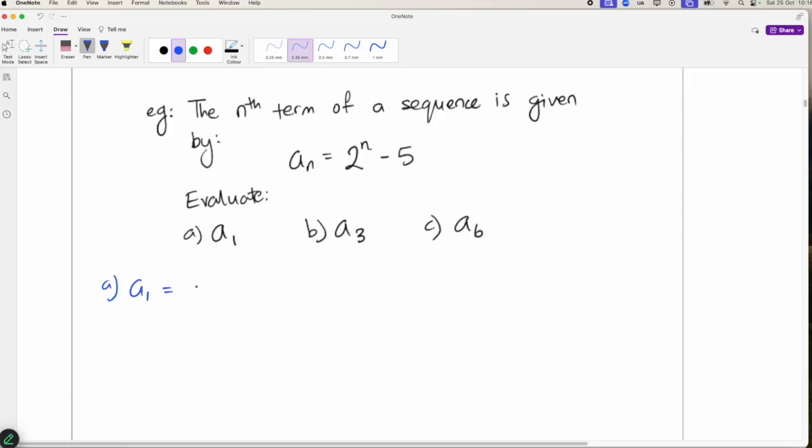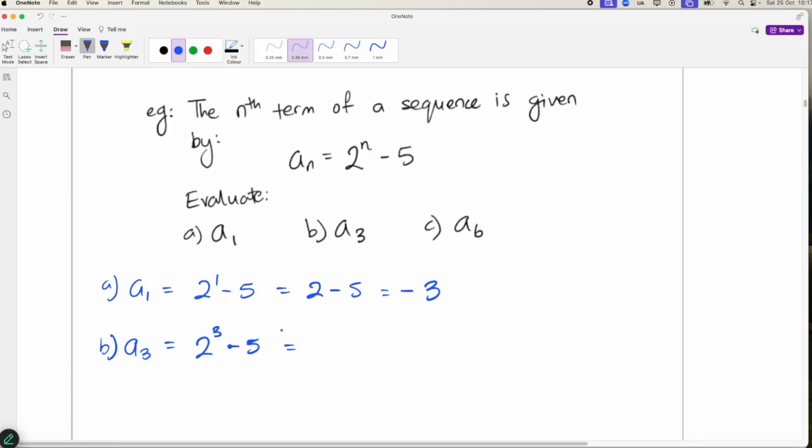A1 is going to be what? The first term is when n is 1, so it's 2 to the 1 minus 5, which is 2 minus 5, which is negative 3. A3 is 2 to the power of 3 minus 5.